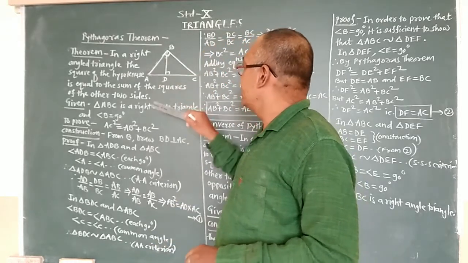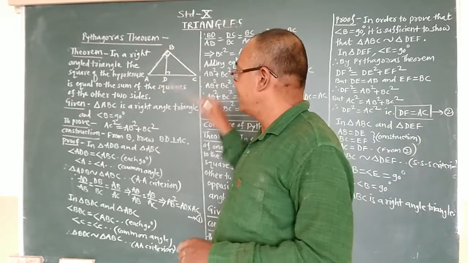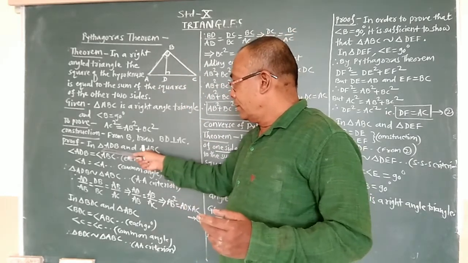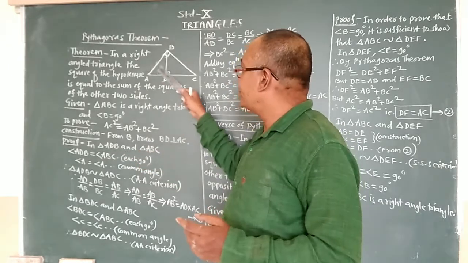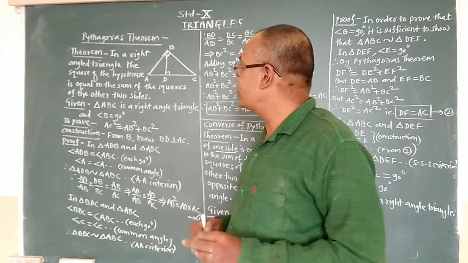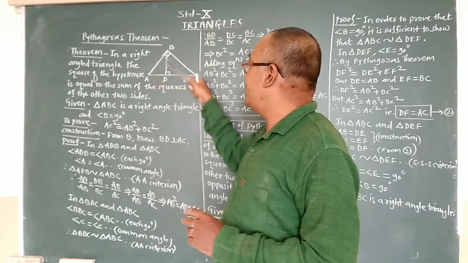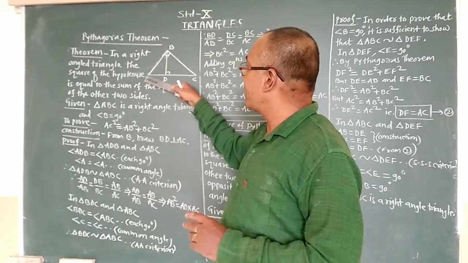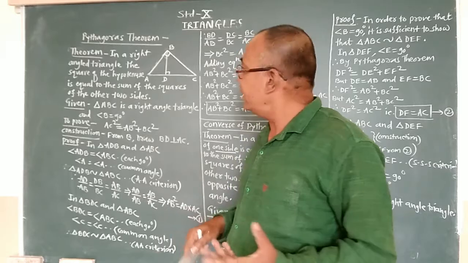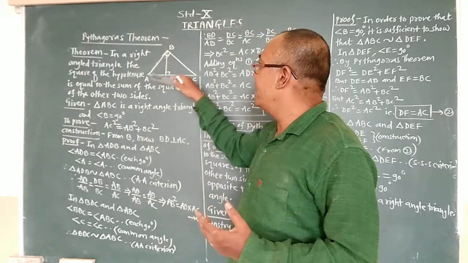First ADB, then BDC, then ABC. So we have to prove that these three triangles are similar to each other. First we have to prove that triangle ADB is similar to triangle ABC, and the other proof will be triangle CDB similar to triangle ABC.